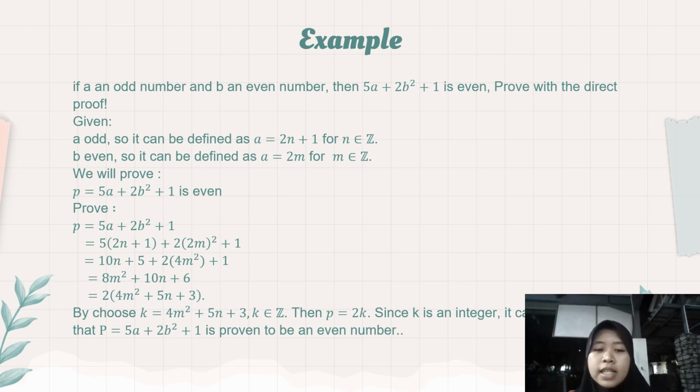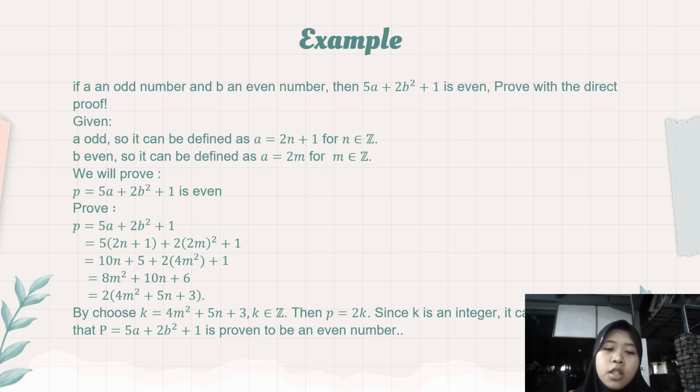The proof: P equals (5A + 2B)^2 + 1, and then we substitute A and B, so we get (5 times (2n + 1) + 2 times 2m)^2 + 1.